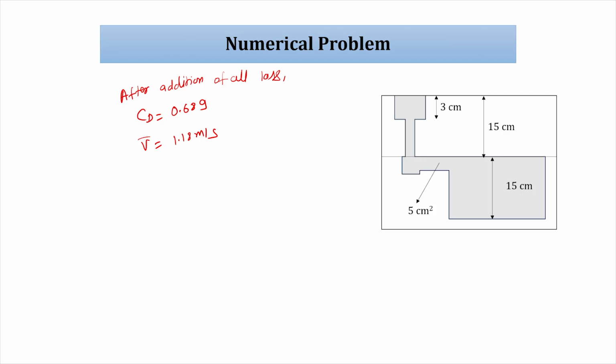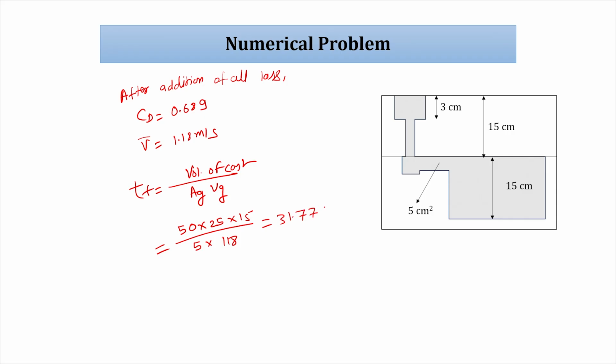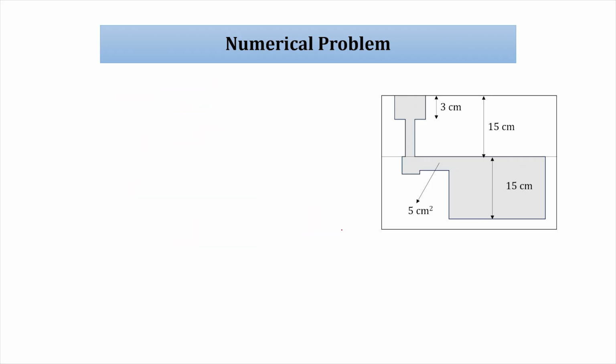Now, pouring time will be TF equal to volume of casting divided by AG into VG, that is equal to 50 into 25 into 15 divided by 5 into 118, and that is equal to 31.77 second without loss.